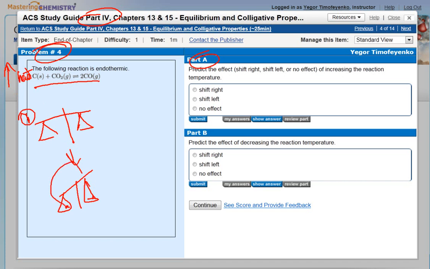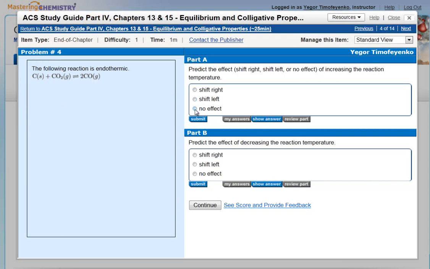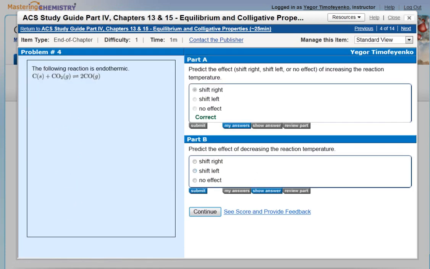Therefore, we have to take some of this and move it to the right. So the reaction is going to shift to the right, from reactants towards products. Shift to the right. That's correct. Let's look at part B.